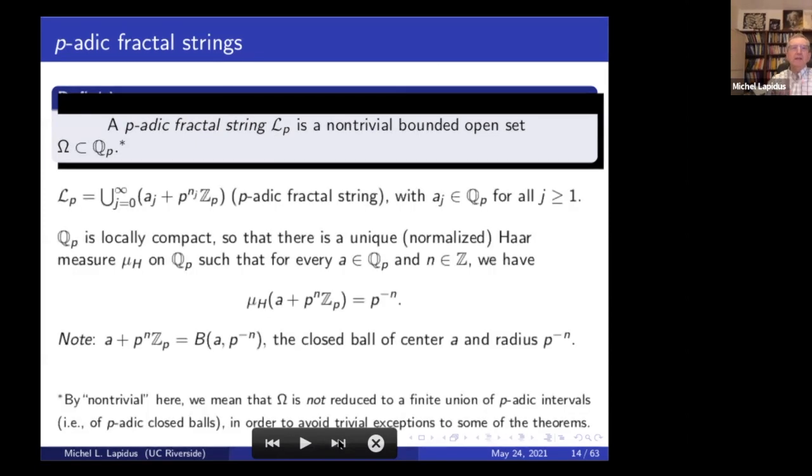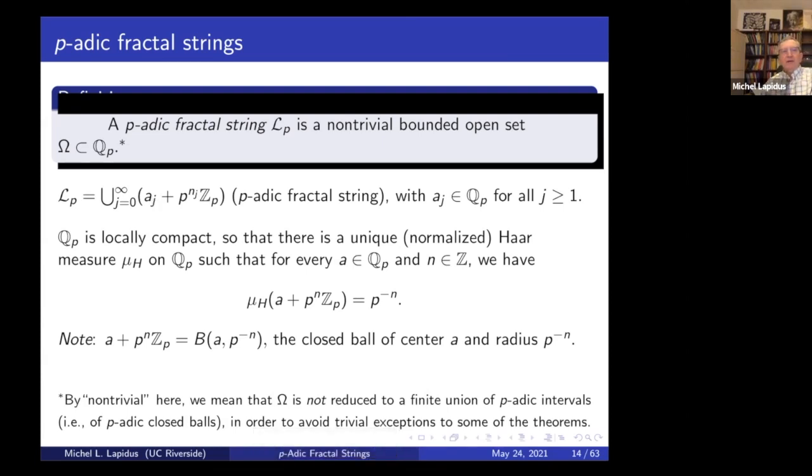All right. Now, we can also write L_p as a union of balls. After simple reasoning, one can see that you can write it as translates of scaled copies of Zp. The scale factor is p to the n_j, where n_j is some integer, and a_j is any p-adic number.